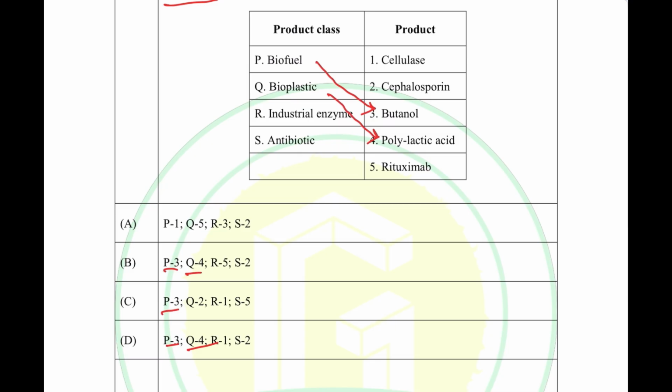So industrial enzymes will be cellulase, so R1. And cephalosporin is a prominent antibiotic compound. We all know that. It's very simple. S2. And option D will be the correct answer here.